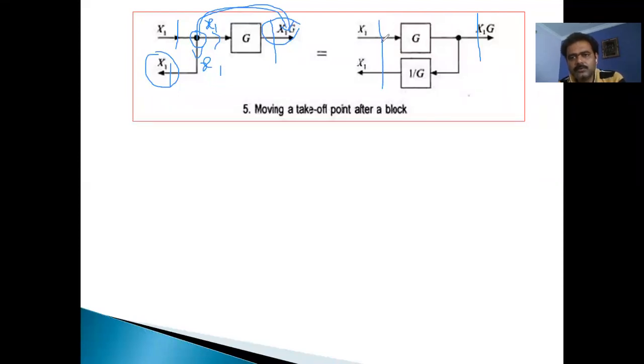Now if we observe, the input is x1, output is x1 into G1, there is no problem.